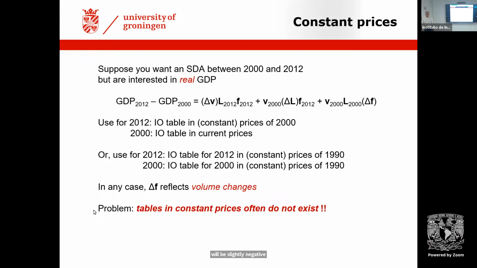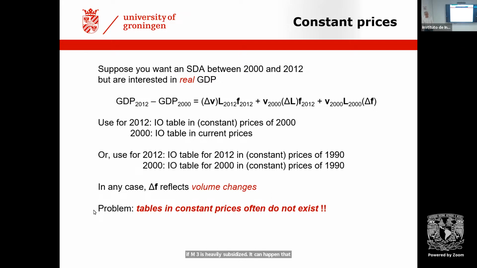Now, there are cases where value added can be negative for some industries. For example, if an industry is heavily subsidized, because part of value added is taxes minus subsidies. So if an industry is heavily subsidized, it can happen that value added is negative in that industry.